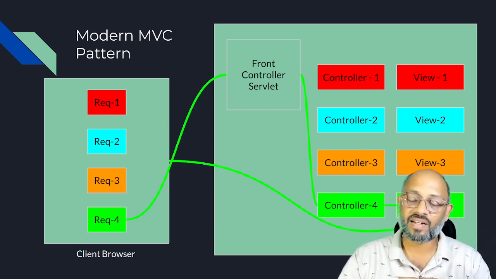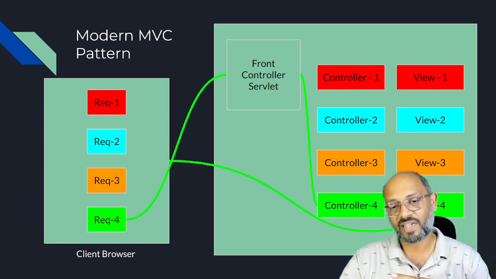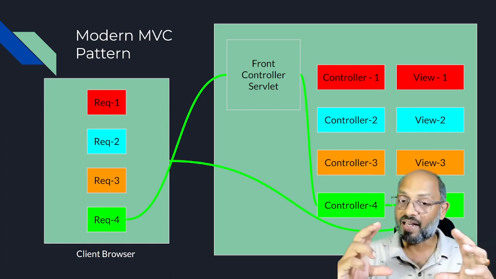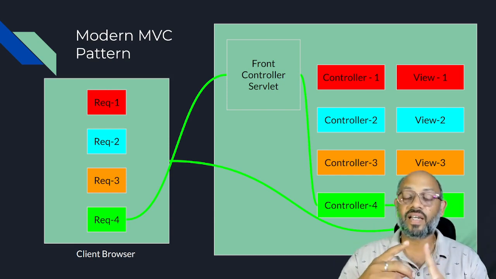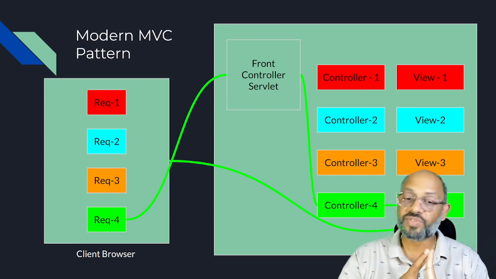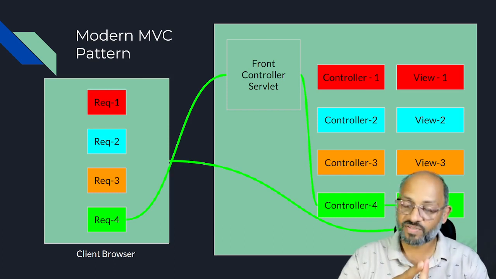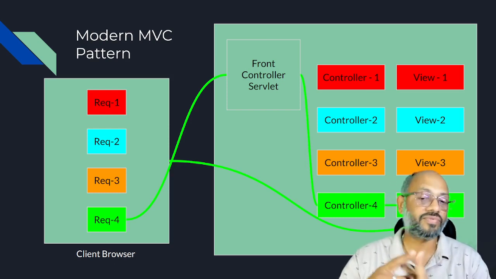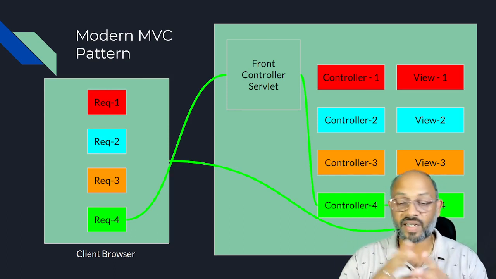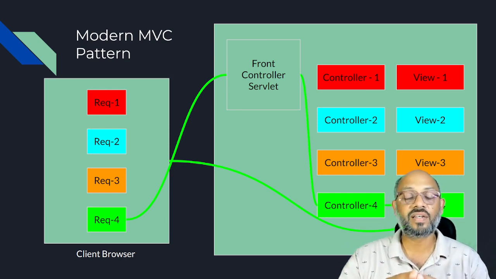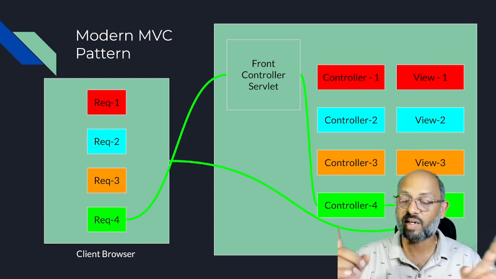Let us try to compare the servlet with the controller. A servlet is a class with a specific pattern of content. It is either an implementation of the javax.servlet.Servlet interface or a subclass of javax.servlet.http.HttpServlet. Whereas these controllers are all simple Java classes.